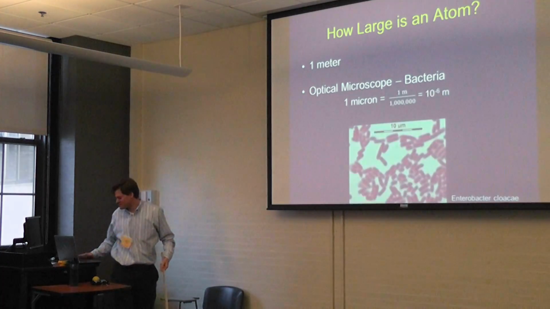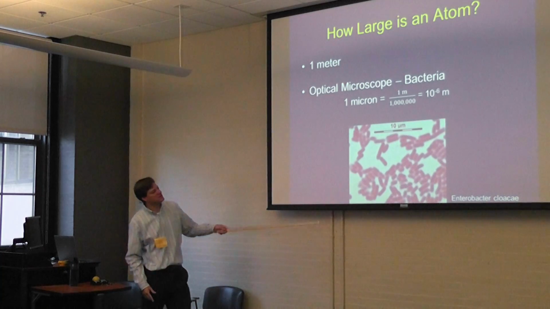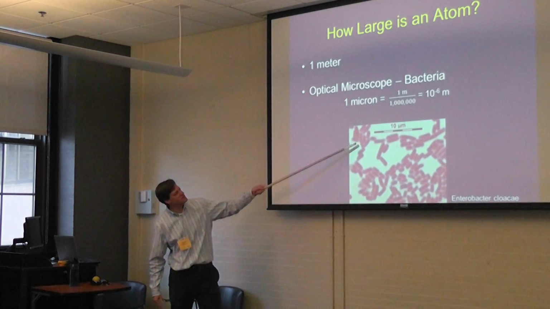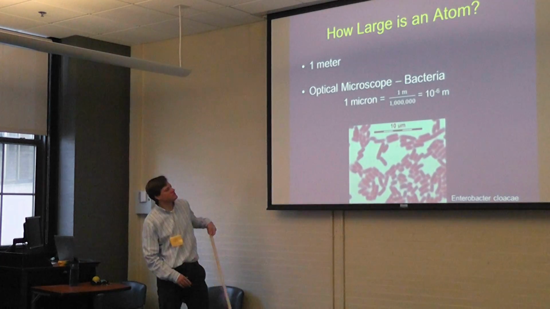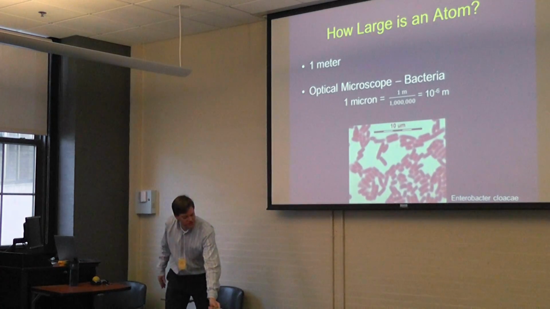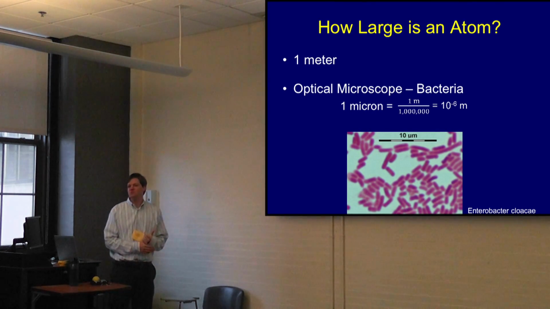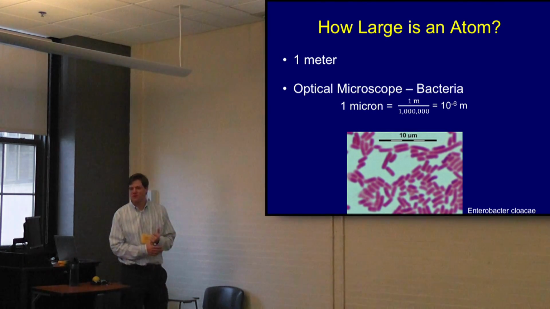And here's an image of bacteria from an optical microscope, and the length scale of each one of these is 10 microns. So these are fairly large bacteria, but again, something that can easily be seen with an optical microscope.